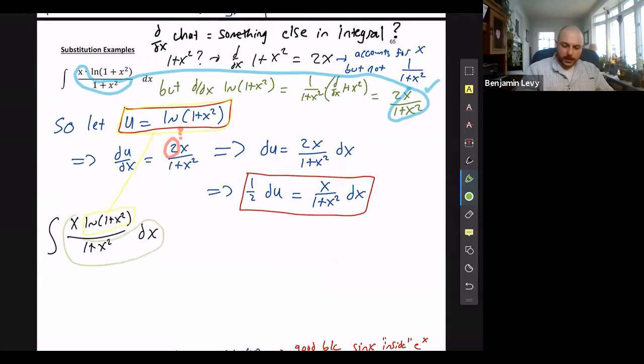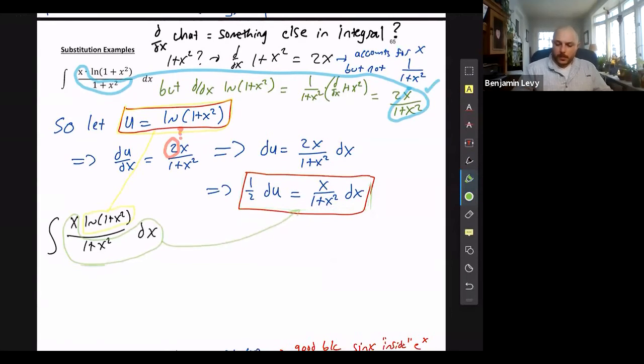Right, so notice what I'm circling in green right now. That is exactly what's right here. Let me do it like this, so that when we make the substitution, it looks like this, right?